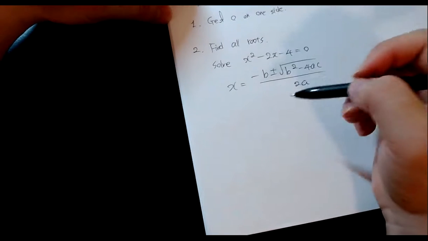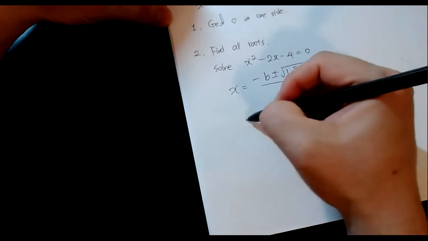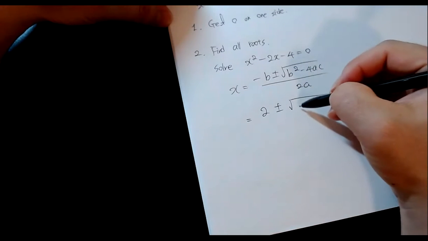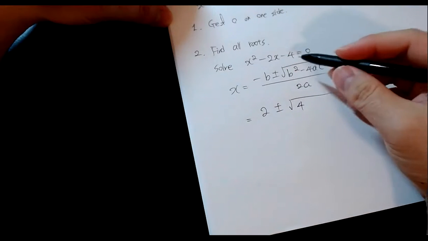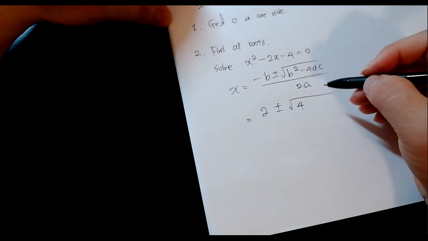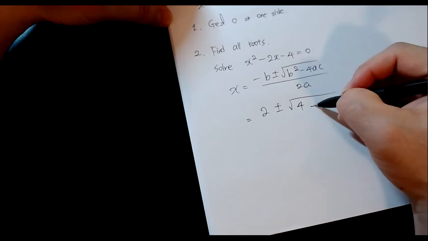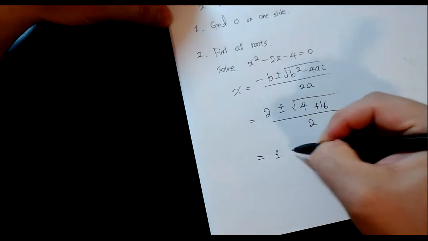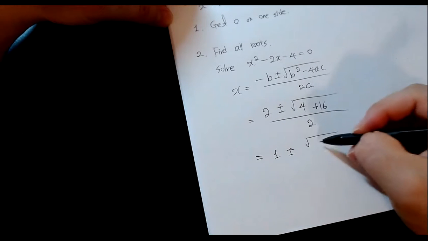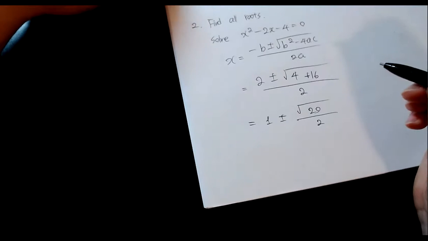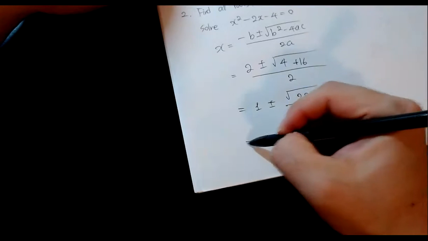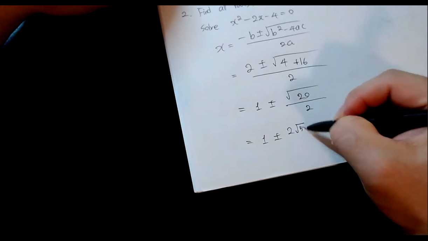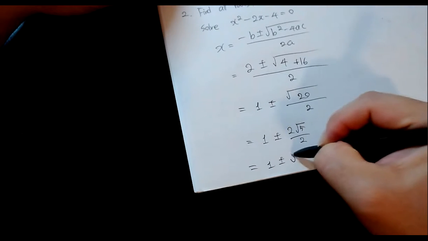So minus b is 2, plus or minus the square root of b squared, which is 4, minus 4 times a times c, which gives 16 over 2a, which is 2. That is equal to 1 plus or minus the square root of 20 over 2. So that is 1 plus or minus square root 2 times square root 5 over 2, which is 1 plus or minus square root 5.